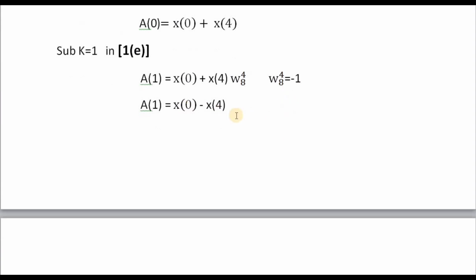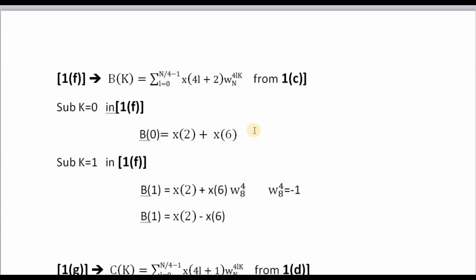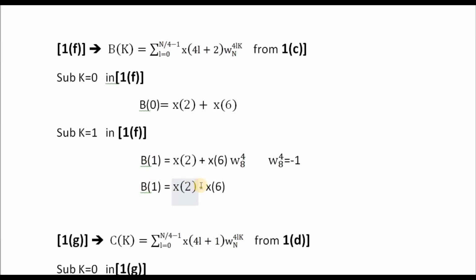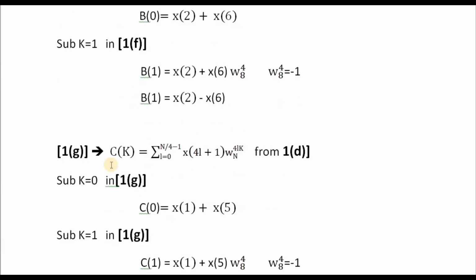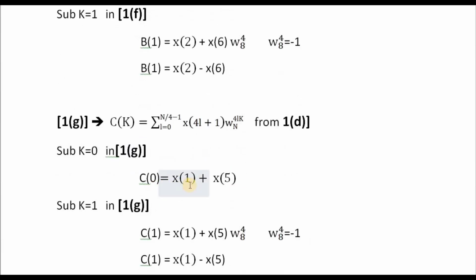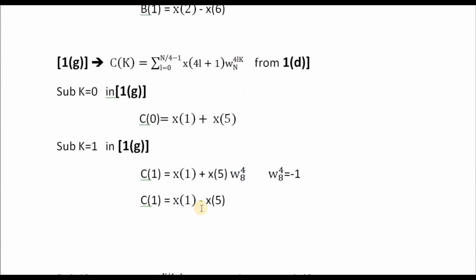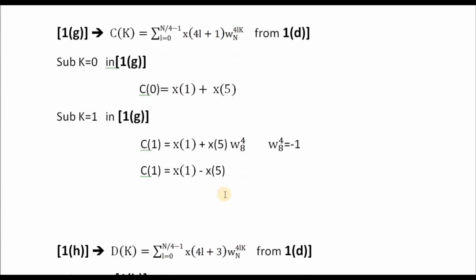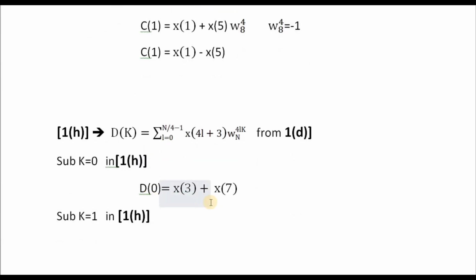So similarly for b of 0, if I substitute in this equation, we will get x of 2 plus x of 6 and b of 1 is equal to x of 2 minus x of 6. So similarly c of 0 is equal to x of 1 plus x of 5 and c of 1 is equal to x of 1 minus x of 5. Likewise d0 is equal to x of 3 plus x of 7 and d1 is equal to x of 3 minus x of 7.